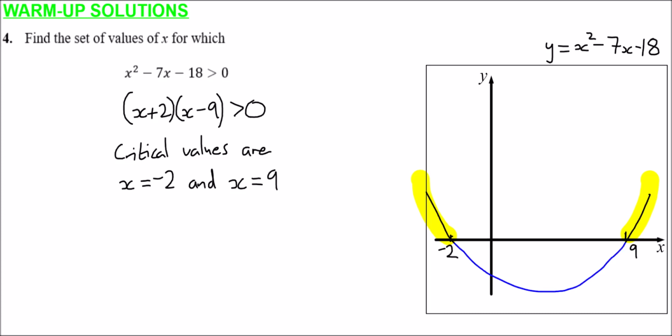And so the regions we're wanting are where x is less than negative 2, or where x is greater than 9. And those are the two regions which satisfy this inequality. In other words, these two inequalities are the solution to this general inequality here. And that concludes our warm-up for today.